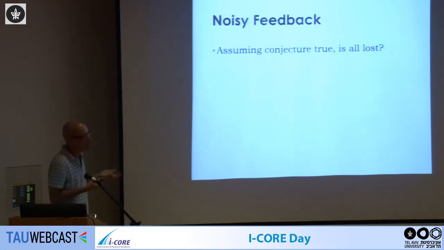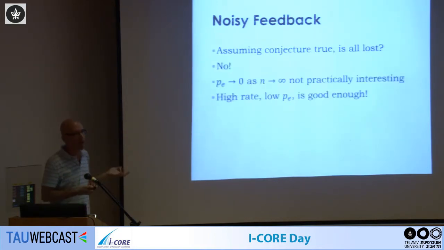So if this conjecture is true, what is left to do? If you want to take these nice recursive schemes that operate with noiseless feedback and actually use them for communications with noisy feedback, can you do it? It seems like you cannot.